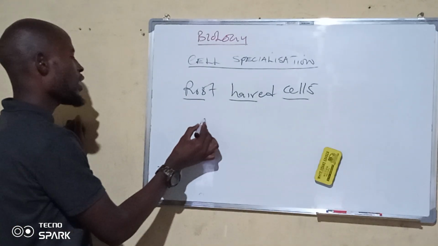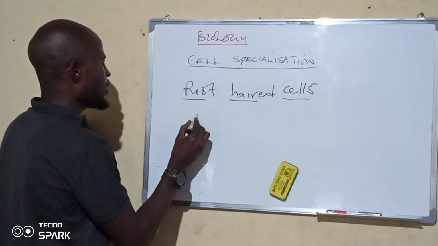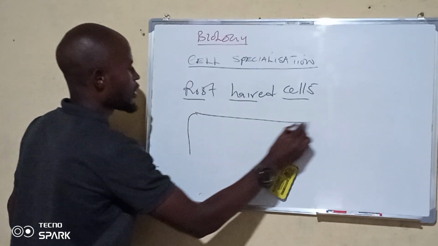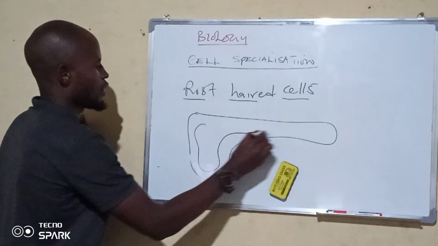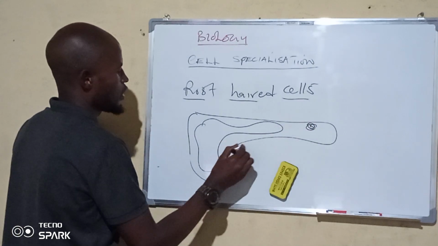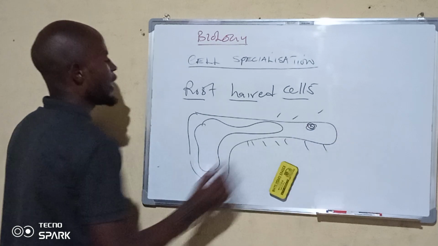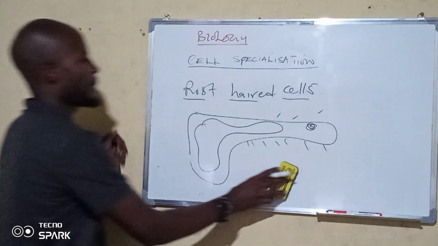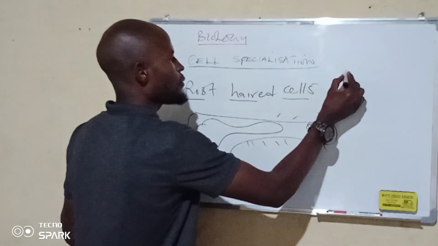Now, when you look at the structure, the root hair cell looks like this. So the main function of the root hair cell is what?